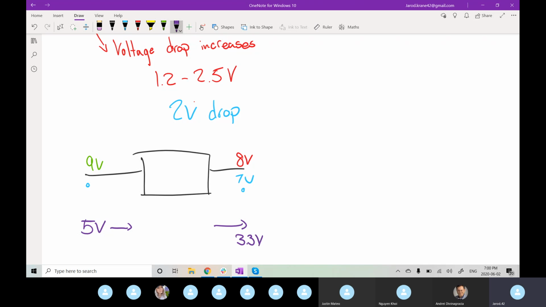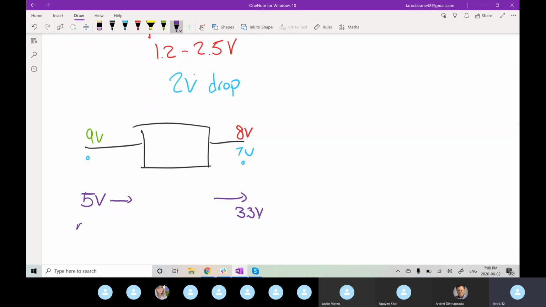Since this is more common, what a microcontroller is able to produce, or that's a very typical supply on the boards, and you want to be able to drop it to 3.3 to be able to work within most microcontroller pins. Again, if we have a 2-volt drop, we're not able to achieve this 5 to 3.3. And there becomes the problem of not being able to get that range.